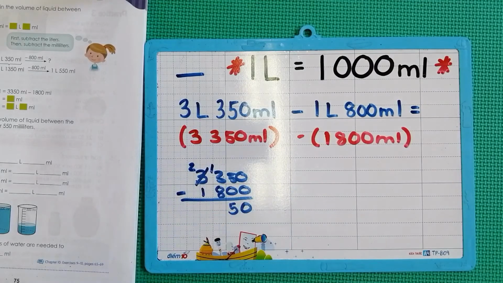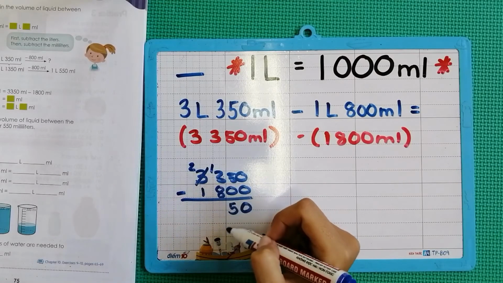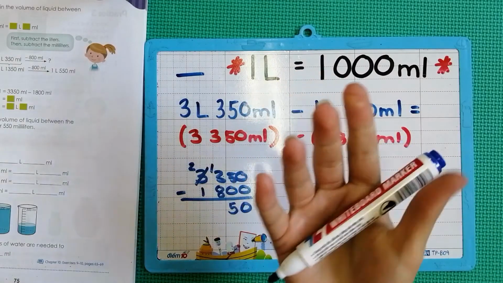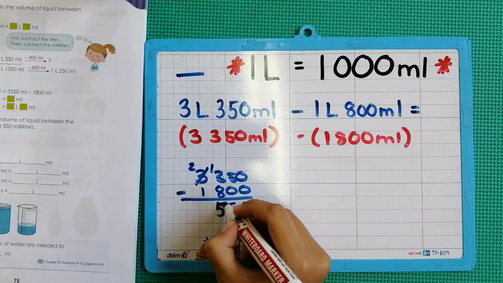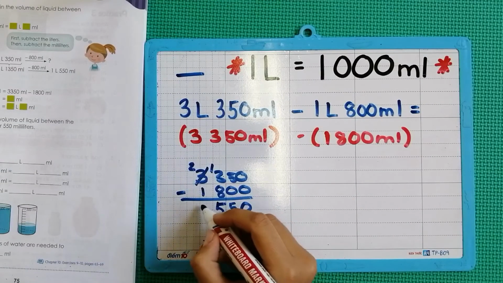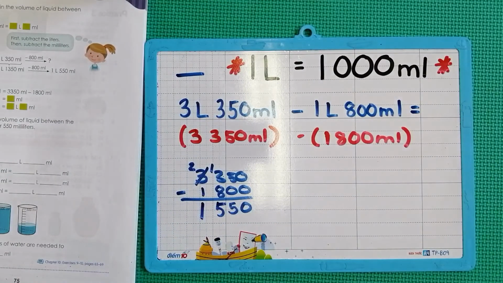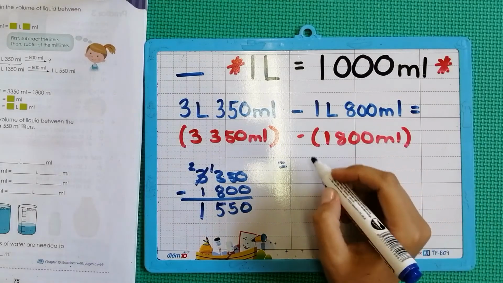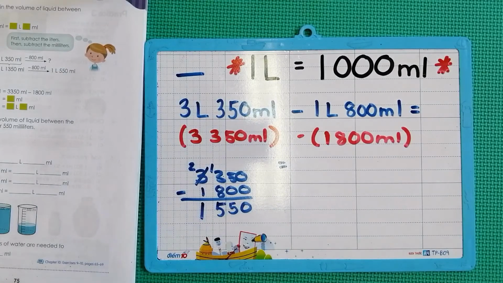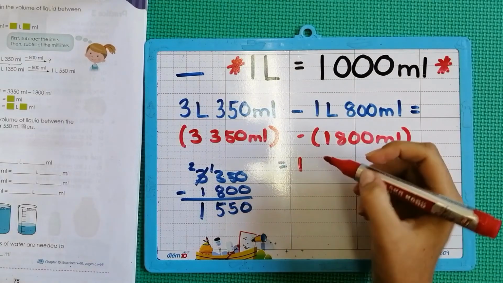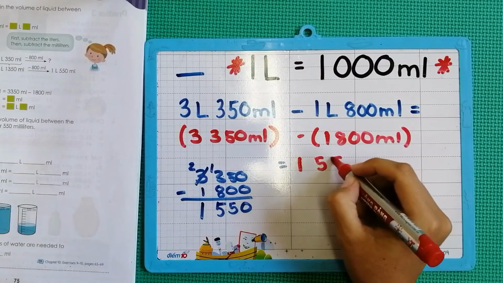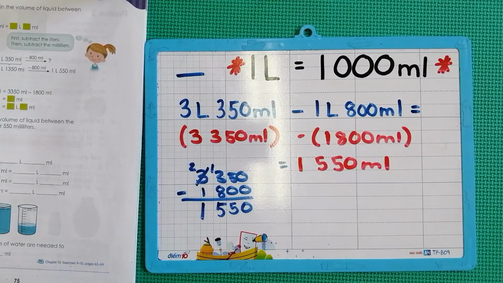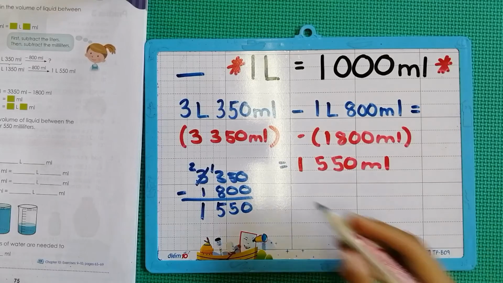Write the borrowed number. 13 minus 8 is 5. 2 minus 1 is 1. Our remaining milliliters is 1,550 milliliters.